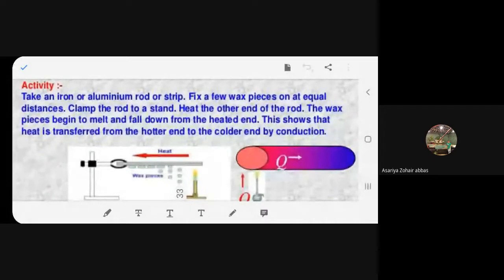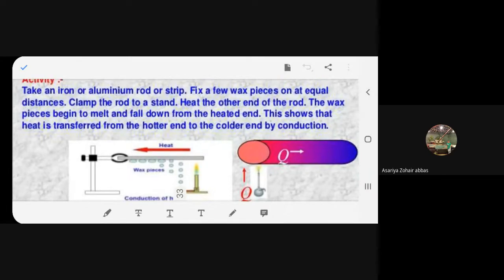By what? Yes, ma'am, what? After "by" what did you say? Last one. What is this? Conduction.